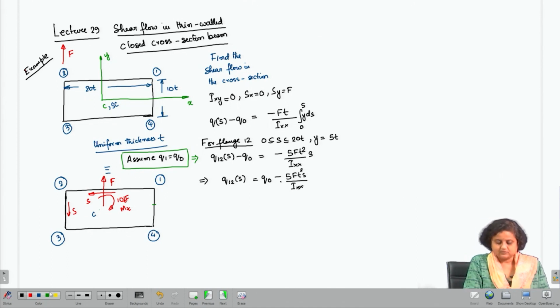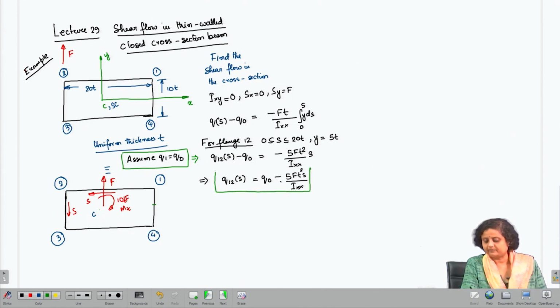This is an equation which I have to note down. Let me call this A.